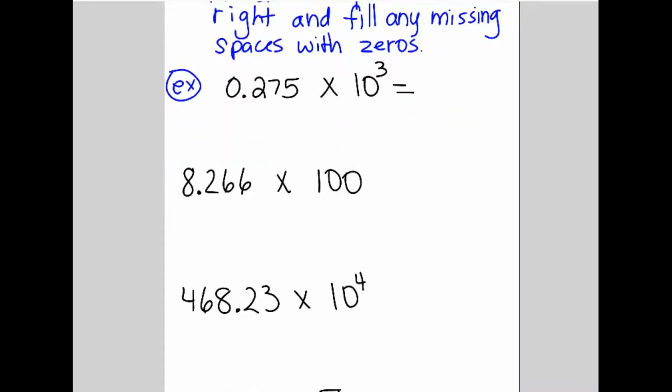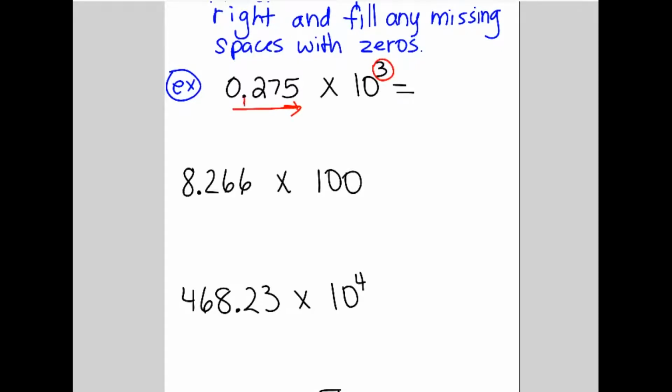Our first example says 275 thousandths times 10 to the power of 3. So what does that mean that we're doing? We are going to be moving our decimal point to the right. We're moving this decimal point to the right 3 times because of this number.